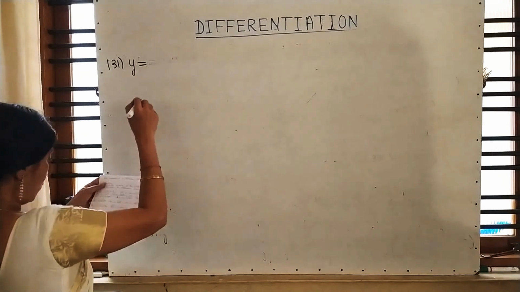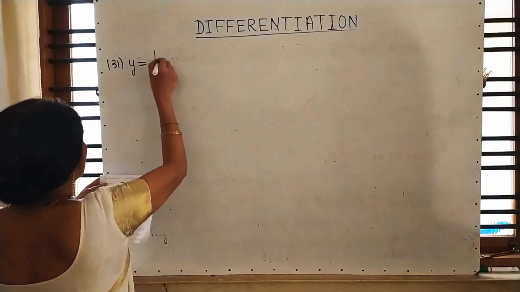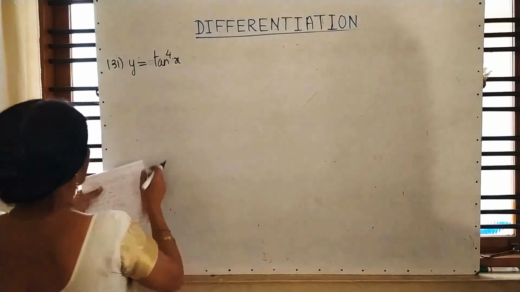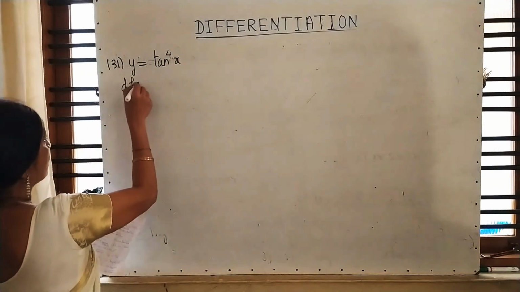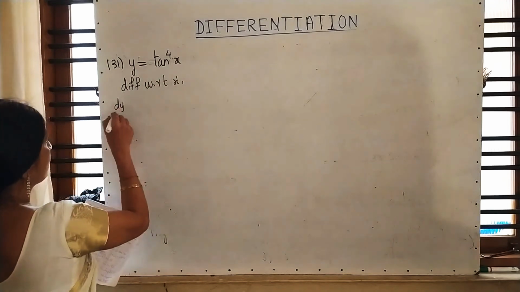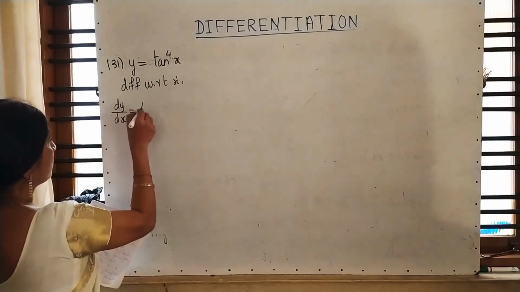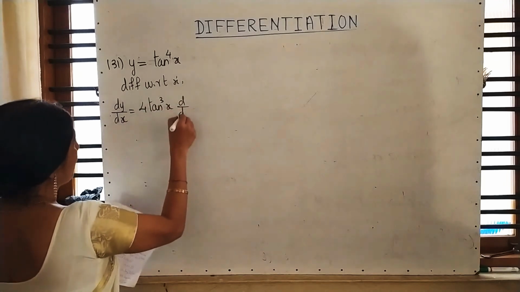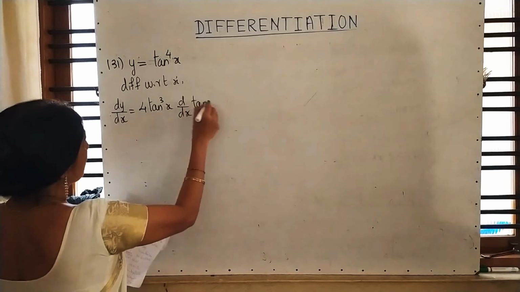Y is equal to tan raised to 4. Now the students will solve with me. Now they are familiar. 4 tan cube x into differentiation of tan x.